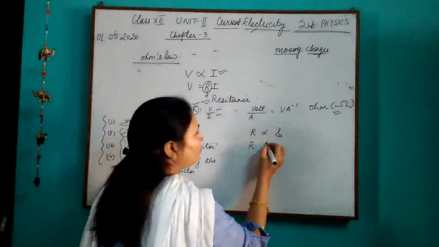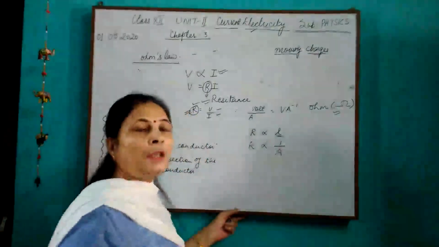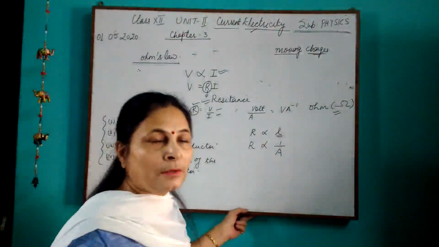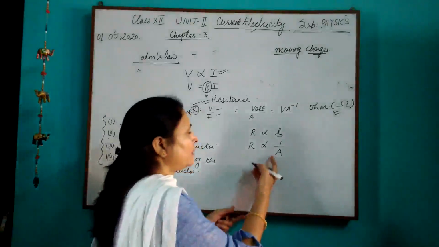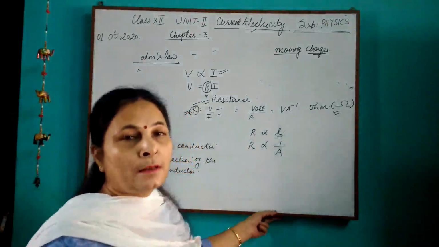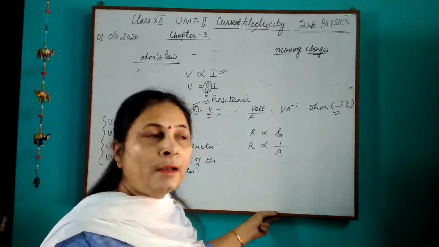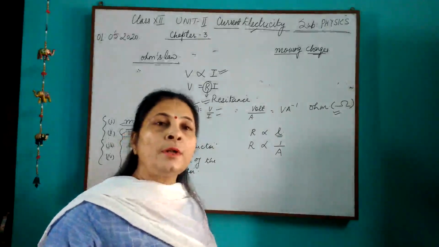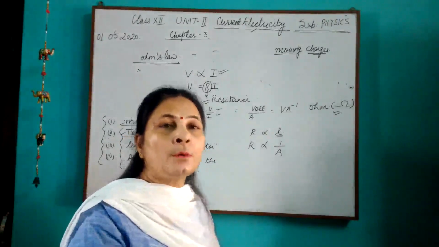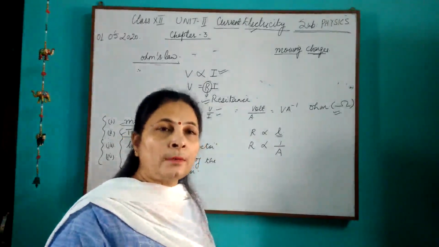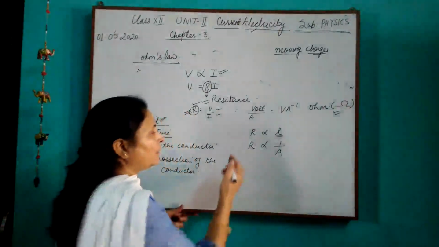It is found to be inversely proportional to the area of cross section. The more the area of cross section, the less will be the resistance. Again, you can relate it to everyday life: the wider the road is, the less resistance it is going to offer. You can move around steadily from one portion to another, from one terminal to another.